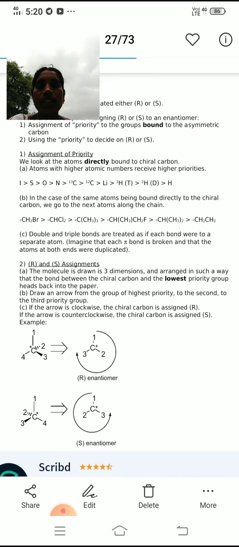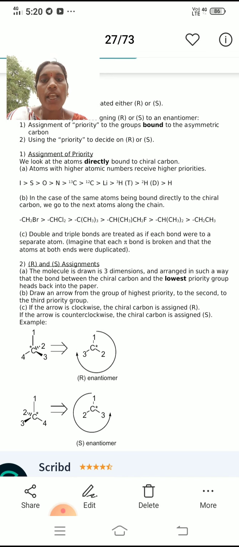Then the next, R and S assignment. The molecule is drawn in three dimensions and arranged in such a way that the bond between the chiral carbon and the lowest priority group heads back into the paper. Draw an arrow from the highest priority group to the second priority and to the third priority group.